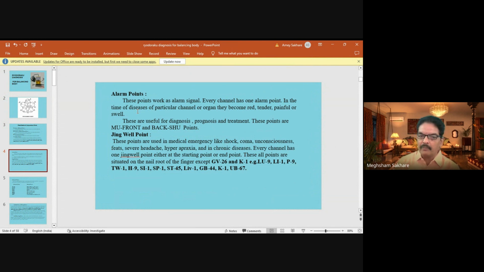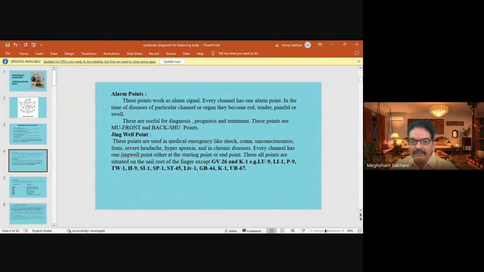And there are jing well points. In medical emergencies like shock, coma, unconsciousness, fits, severe headache, hyperpyrexia, and in chronic disease, these points are used. These are either the starting point of the channel or the end point of the channel. Except GV26 on the upper lip and K1 on the foot, all the jing well points are near the nail root.